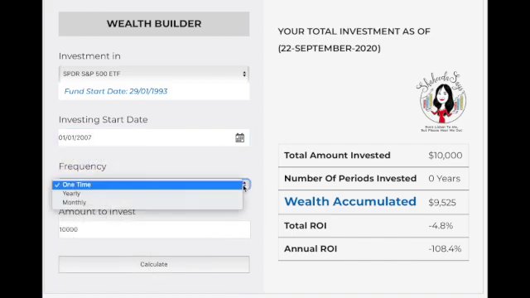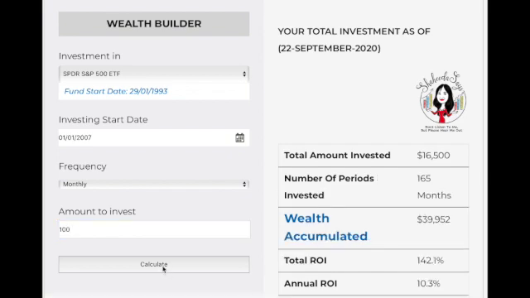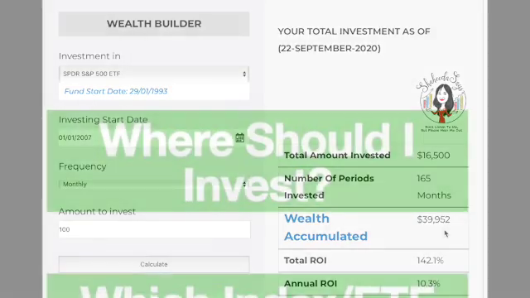And you were very good and you did it monthly and you invested $100 every month. Even then, you can see today you would have almost $40,000. You would have invested a total of $16,500. And as of September 22nd, which is today, you would have nearly $40,000 in your fund. Again, consistent long-term investing is a great way to build your wealth.